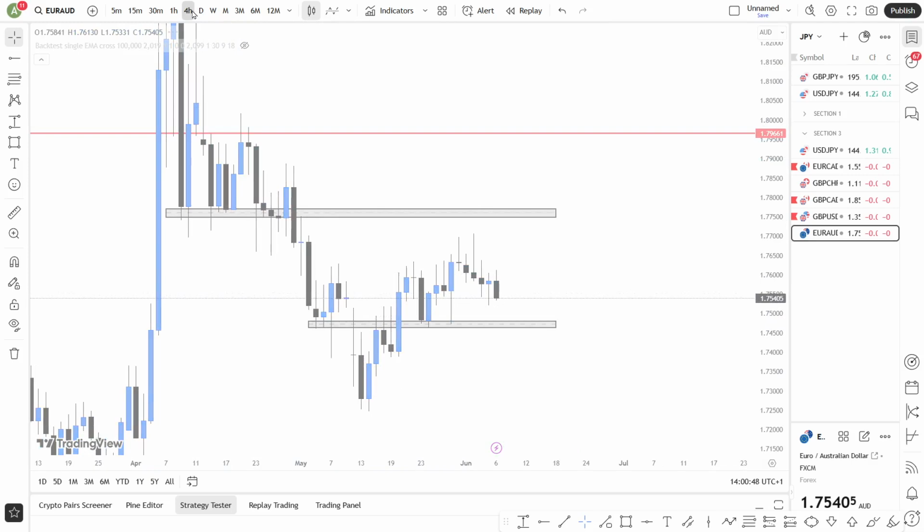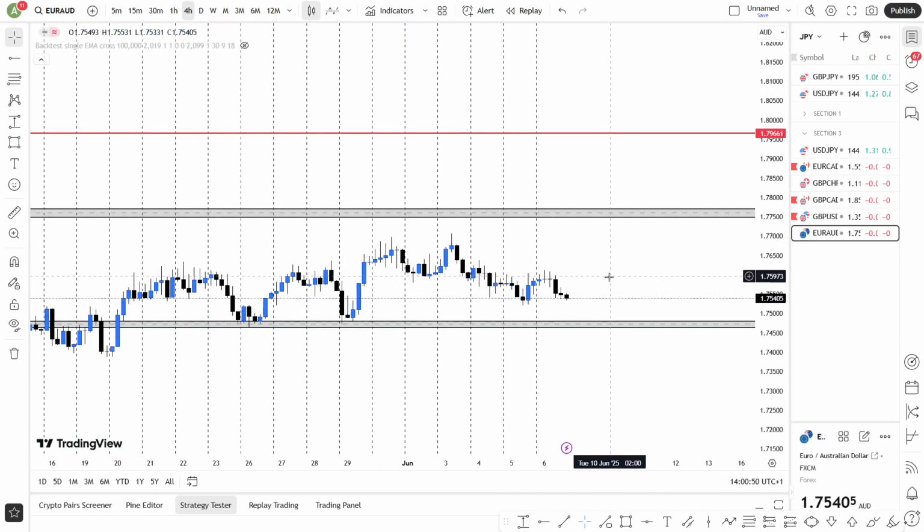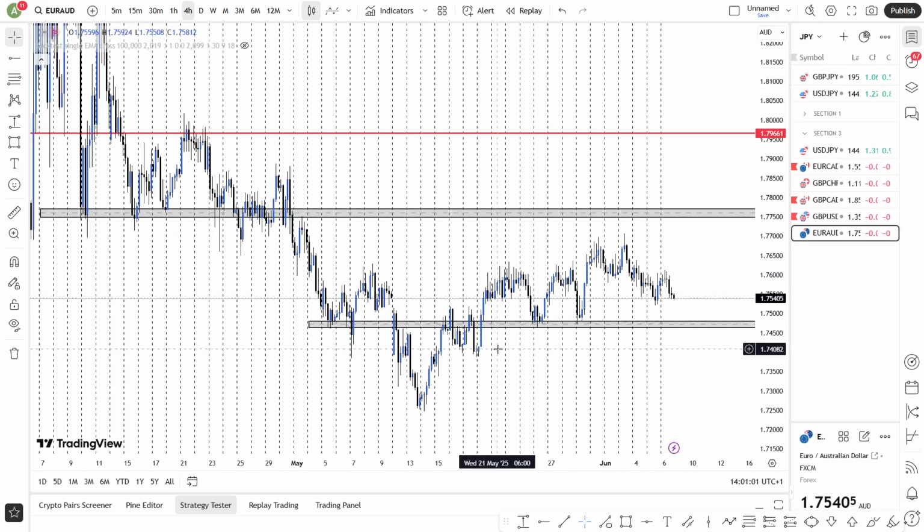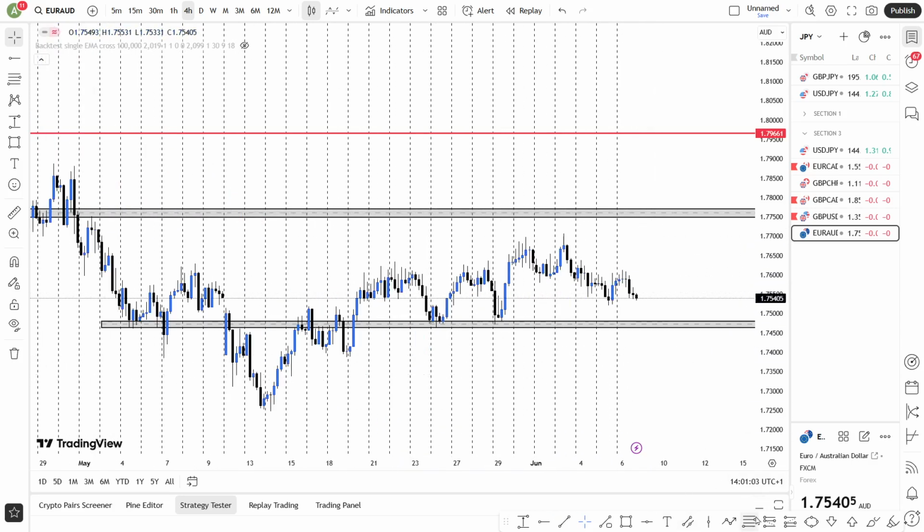Let's go to 4 hours. What are we doing in 4 hours? On 4 hours, we're looking for an uptrend if price is going to do what we're expecting price to do. Because looking here, we've created something like a head and shoulder.